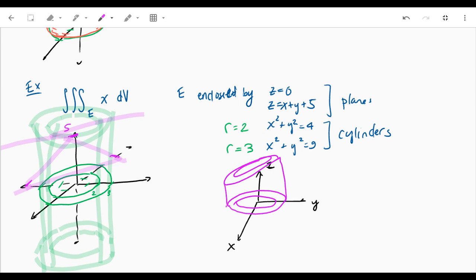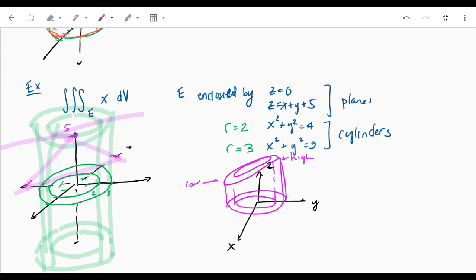And that should be more straight up and down. Almost like that, where this part is higher and this part is lower. That's about what the shape looks like.